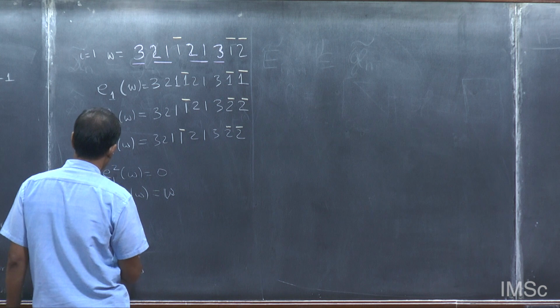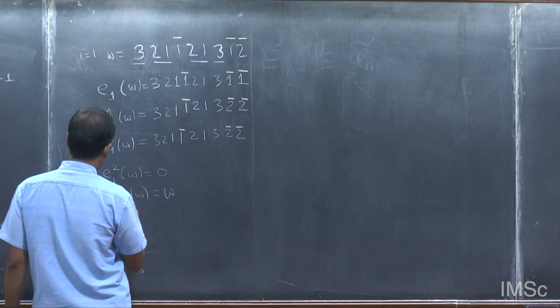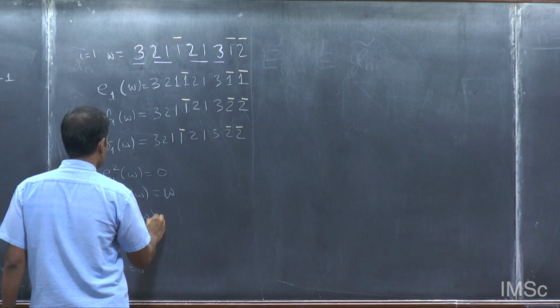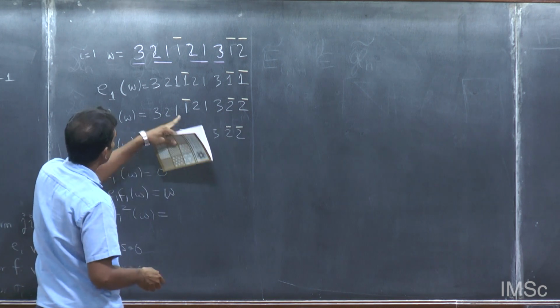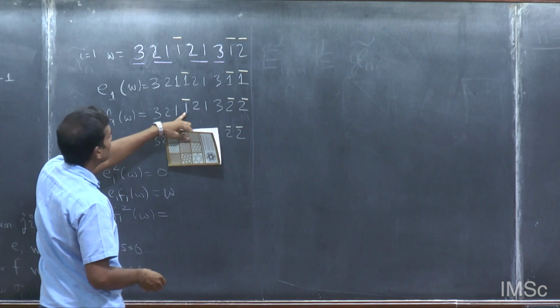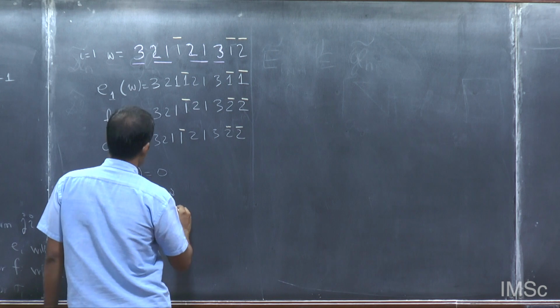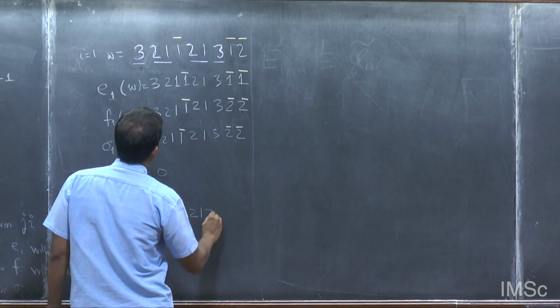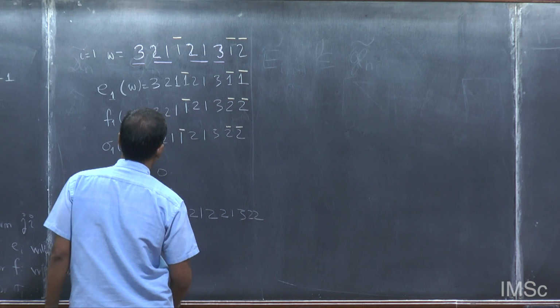And F_1 squared of w, what is that? So, this is F_1 w, it is 1 2 2. So, I can change one more 1 to a 2, right. So, it is 3 2 1 2 2 1 3 2 2.